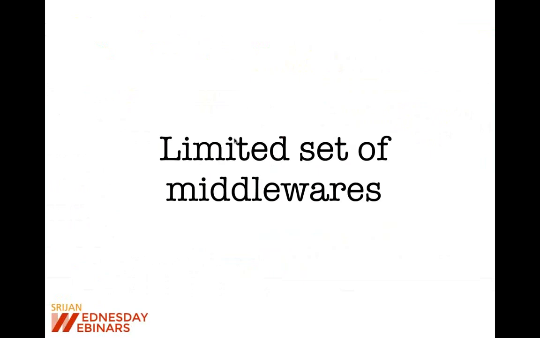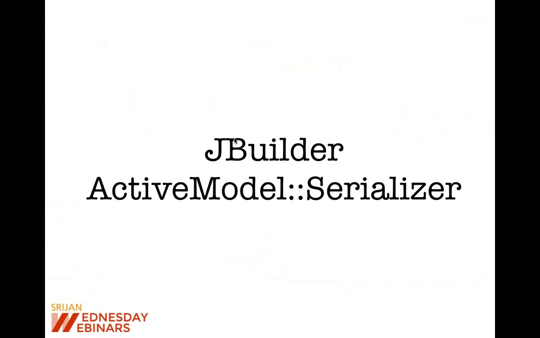Also, Rails comes with some default middlewares. All of the middlewares related to the view layer are not required in an API-only app. So a Rails API app will come with a limited set of middlewares. Middlewares related to sessions and cookies will not be part of this stack. And you can use other gems like JBuilder and Active Model Serializer for generating the JSON responses.